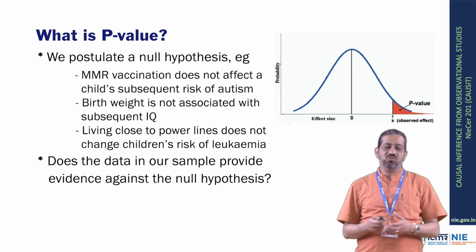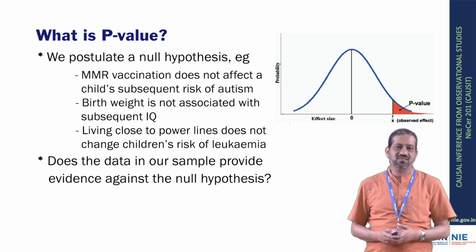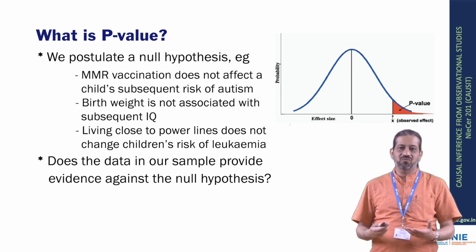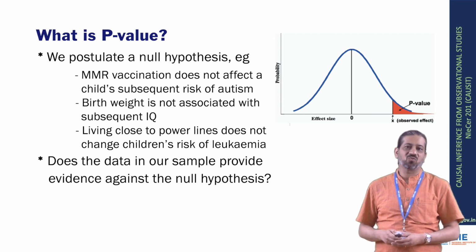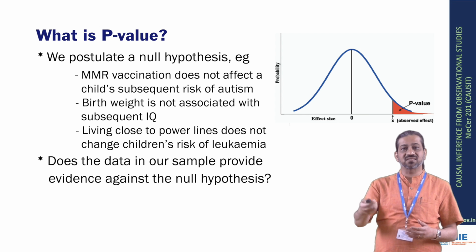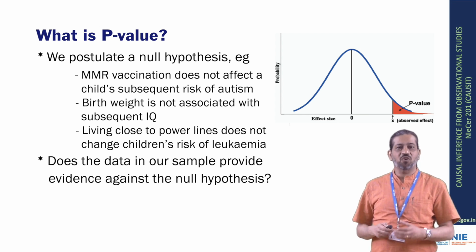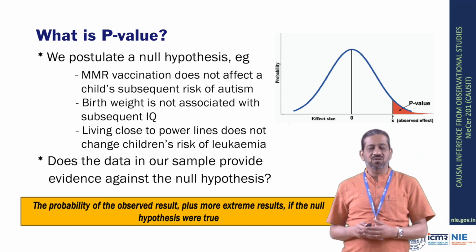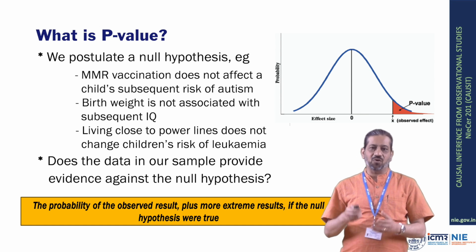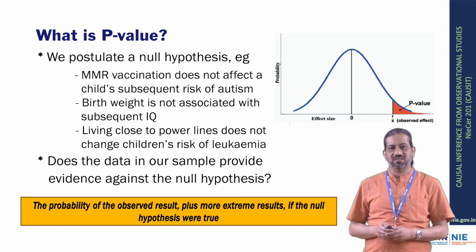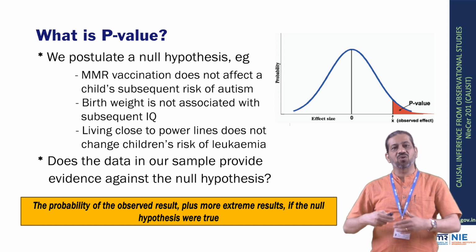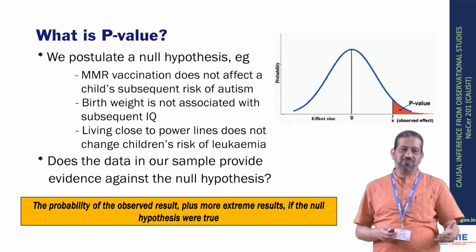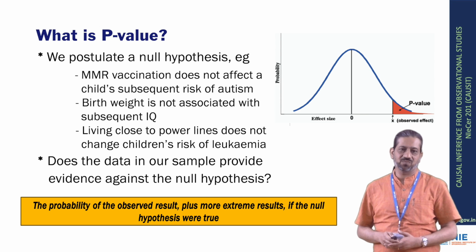And we do certain statistical tests and get a value which helps us tell whether the data in our sample provides evidence against this null hypothesis. So formally speaking, the p-value is the probability of the observed result, that is the observed value of the test statistic, plus more extreme results, if the null hypothesis were true.